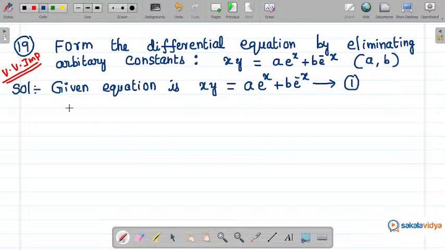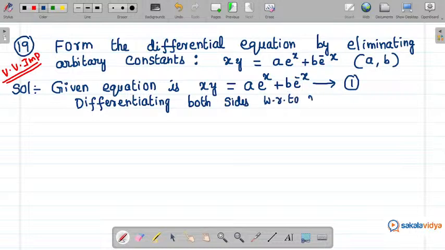So differentiating both sides with respect to x. Now you remember these formulae. The derivative of uv is u, the first function, into the derivative of the second function, plus the second function into the derivative of the first function. This is one formula you need to remember.